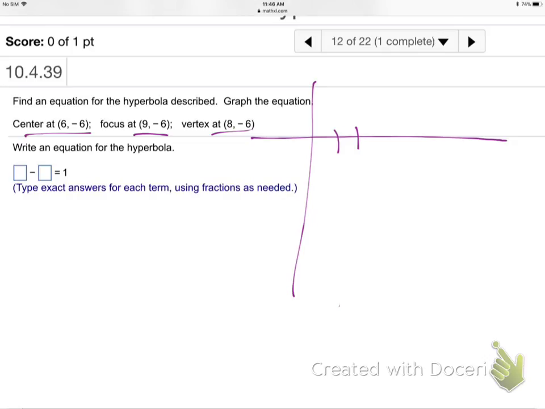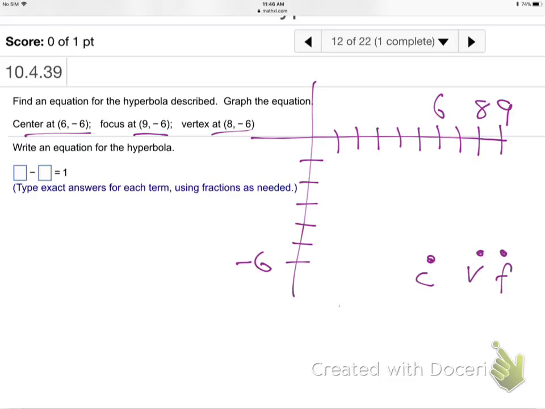So 1, 2, 3, 4, 5, 6, 7, 8, 9. So there's 9, there's 8, there's 6. 1, 2, 3, 4, 5, 6. There's down 6, so over 6, down 6 is the center. And there's the vertex. There's the focus. So we get to there for starters.